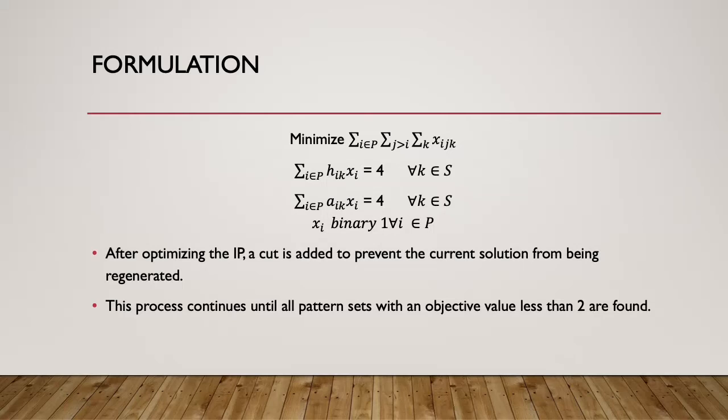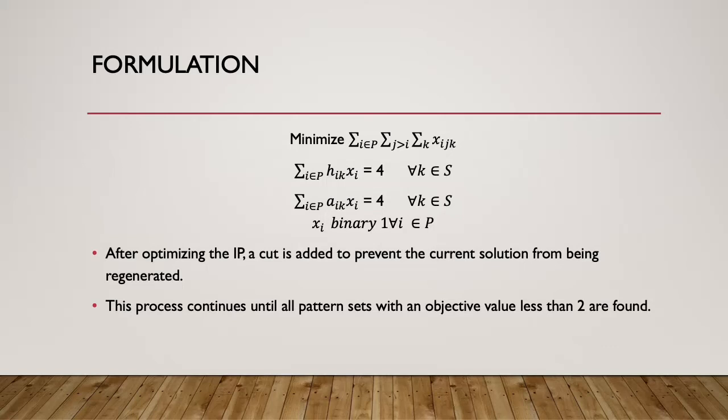The formula for this goes: we need to minimize the number of patterns which satisfy the constraint for i, j, k at the k slot where j is greater than i. That means they should be playing at least only once; there won't be a duplicate.